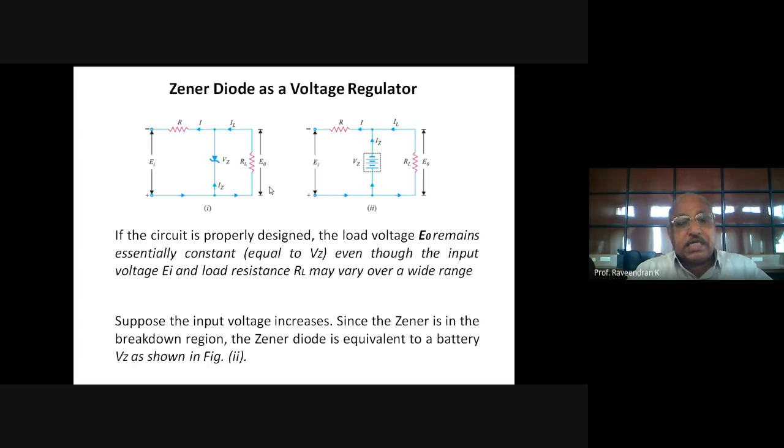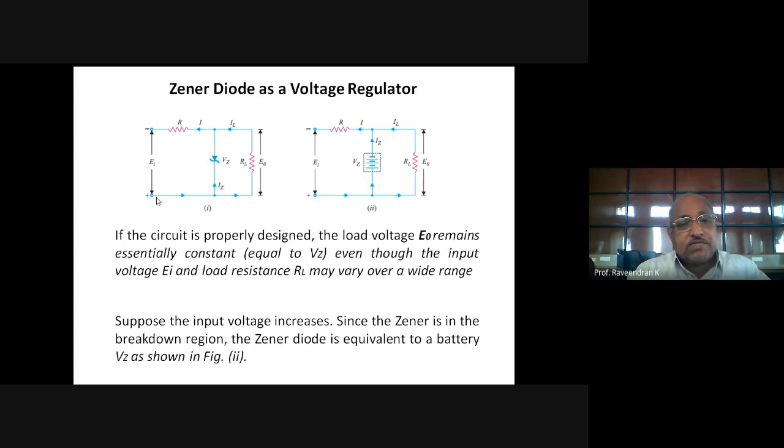It has to be kept at E0, that is constant. If E0 is constant, IL must be constant because RL is not varying, RL is constant. We consider that only the input voltage is varied. The load resistance RL is fixed, and it has a voltage E0 that has to be kept as the output voltage connected to this load. So E0 by RL is kept constant, that is equal to IL.